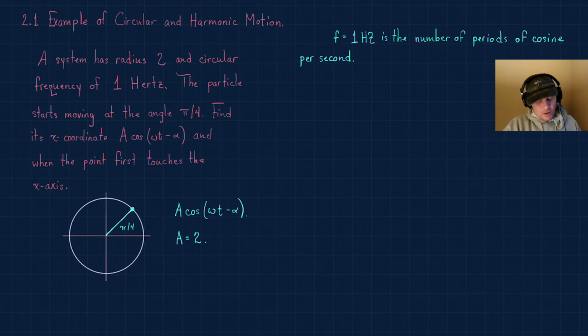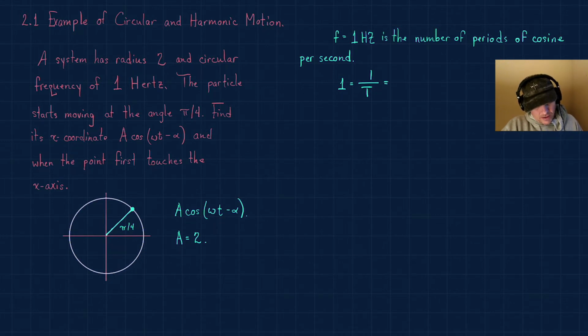Okay, well, so if we have 1 hertz, remember the frequency is equal to 1 over the period. It says that this is 1 hertz, and what do we have? We have 1 period, so this is just going to be 1.